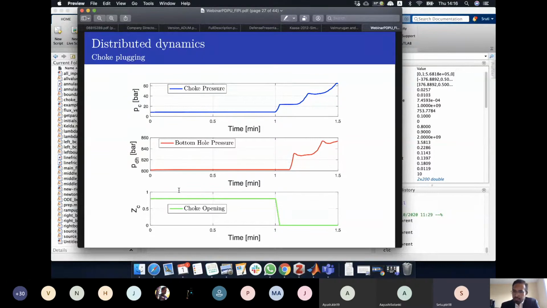Perfect. So I'm going to show you a simulation of a particular industrially relevant scenario. There is something called choke plugging. As we have discussed earlier, drill cuttings are transported up the annulus, and we have a choke at the surface. Sometimes, for various reasons, such as a drill bit creating a different type of rock cutting, drill mud not engineered properly, or reservoir properties where it just has flakes, you may have caving.